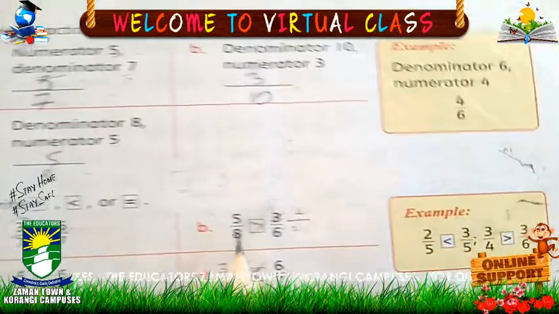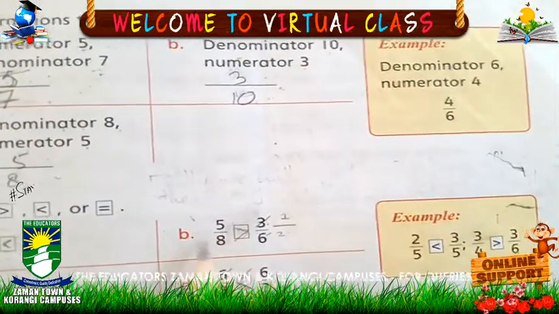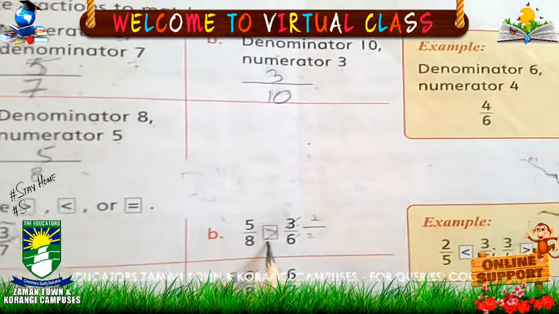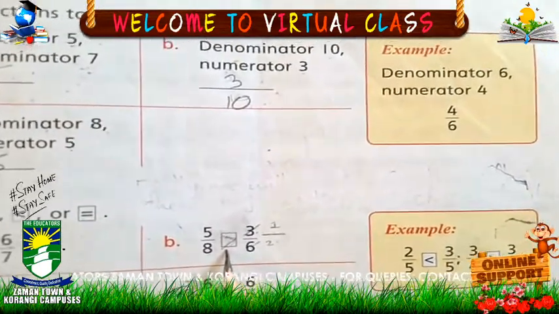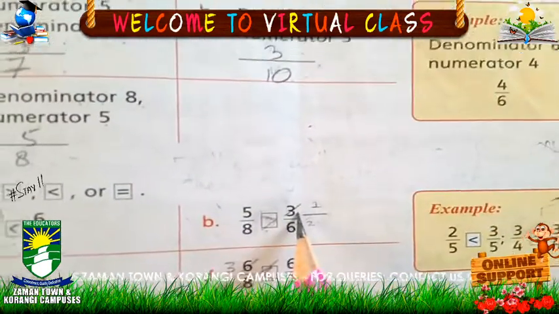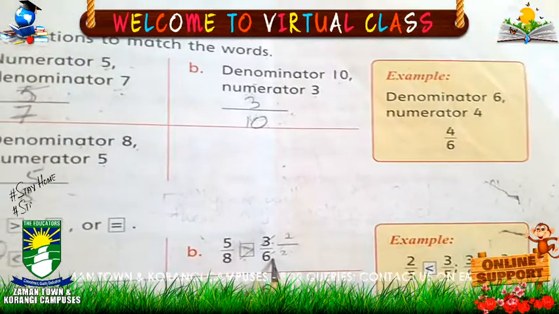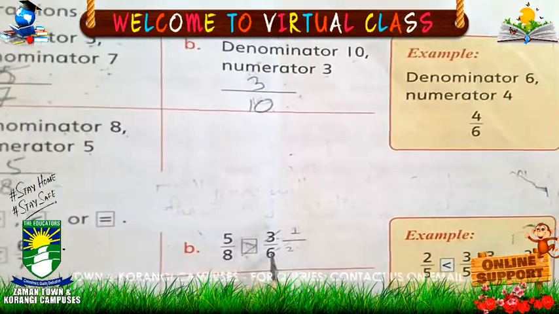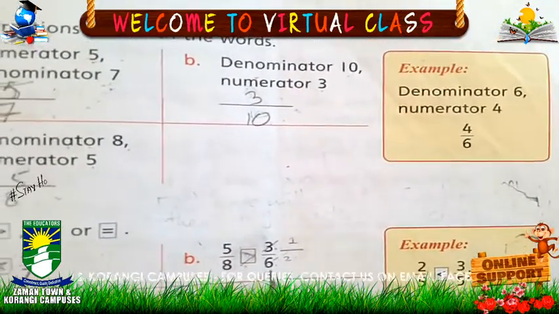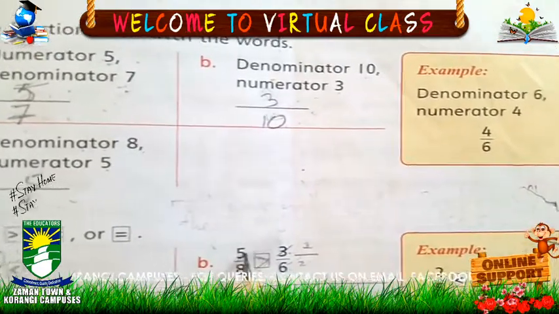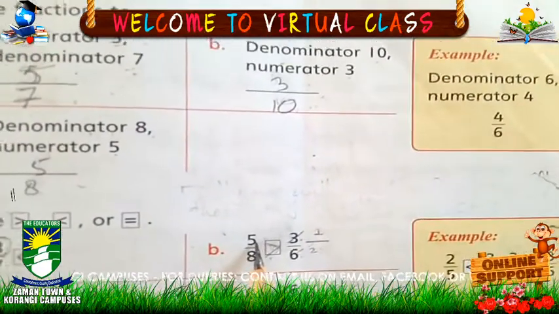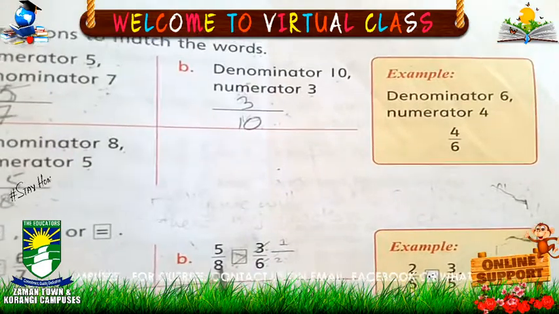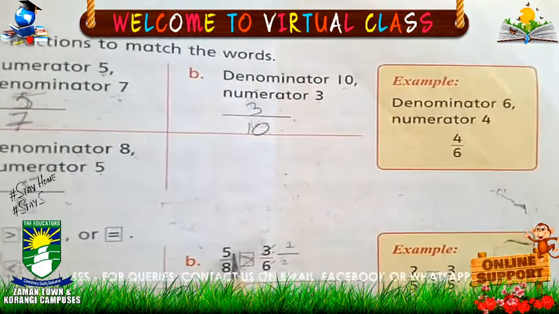B part is 5/8. Is 5/8 greater than, equal to, or less than 3/6? Now we will see if there is any fraction which can be simplified further. 5/8: neither 5 comes in the table of 8 nor 8 comes in the table of 5.